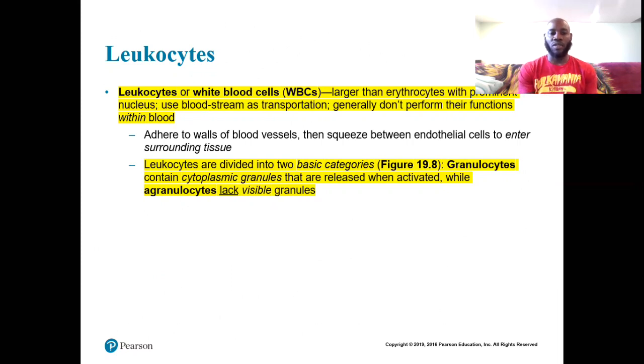Leukocytes are divided into two basic categories, which don't seem immediately obvious, but these are the categories that we use. Granulocytes, which contain cytoplasmic granules that are released when activated, and agranulocytes, which do not have visible granules. And so you'll see this.